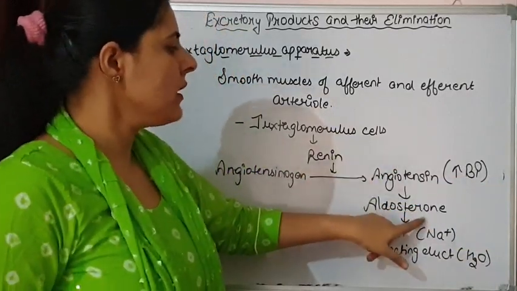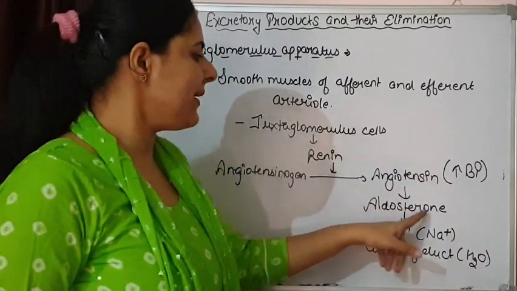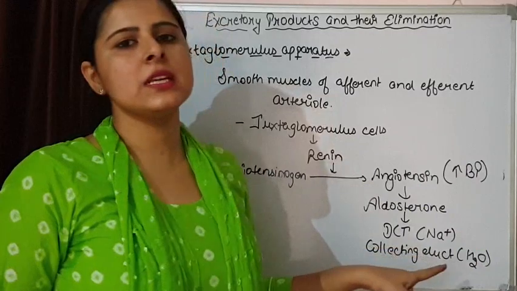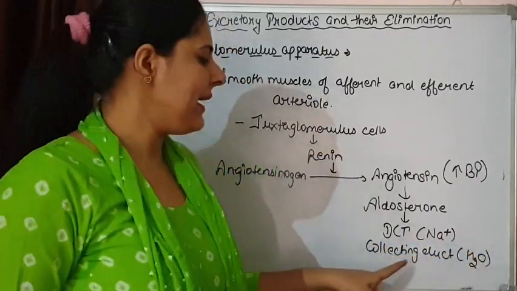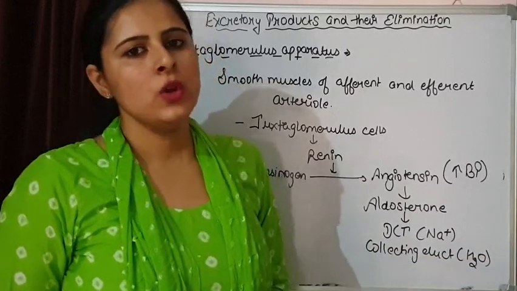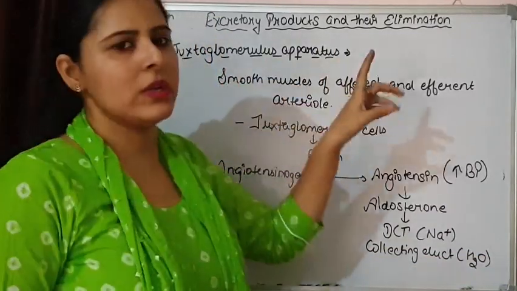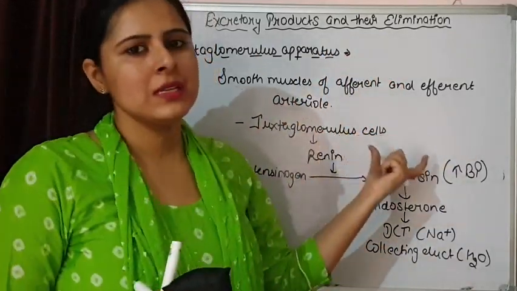It is also stimulating the adrenal gland to secrete aldosterone, which finally activates the DCT to absorb sodium ions and the collecting duct to absorb water. This is the first component of the juxtaglomerular apparatus. So the first component is the juxtaglomerular cells.